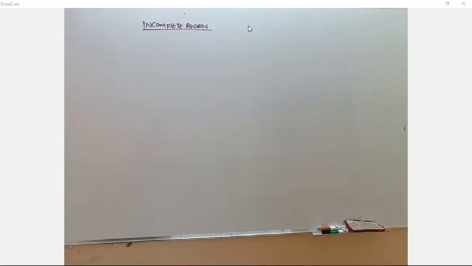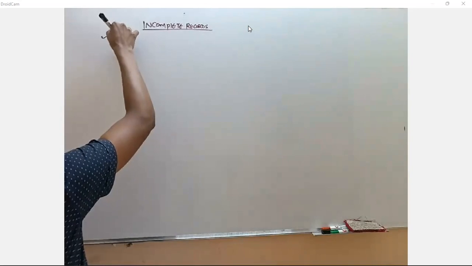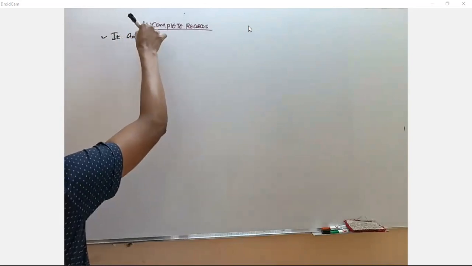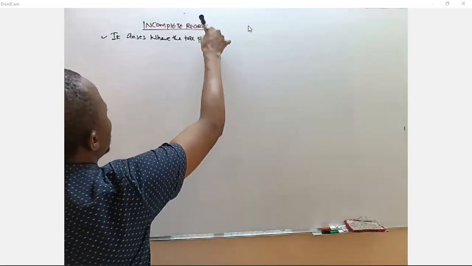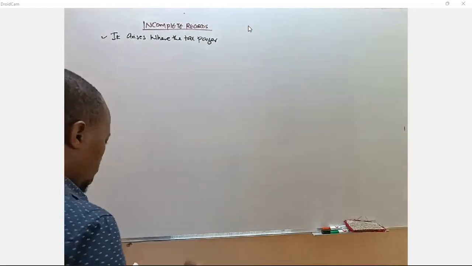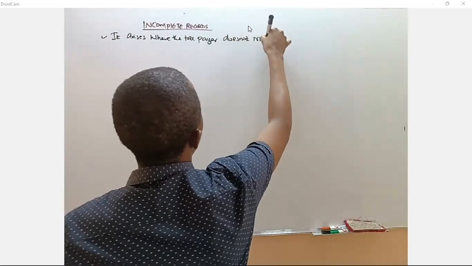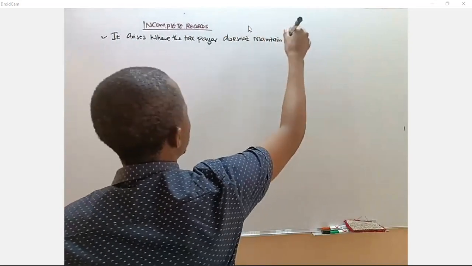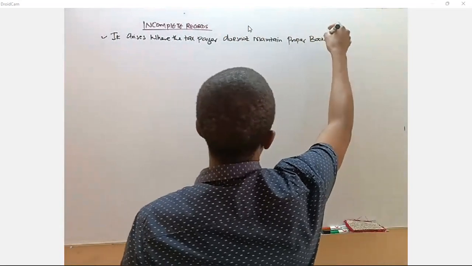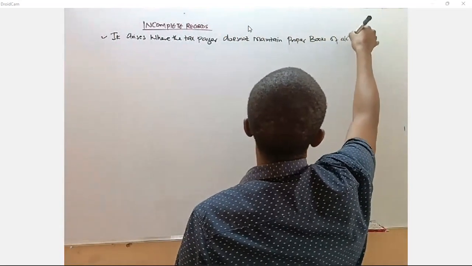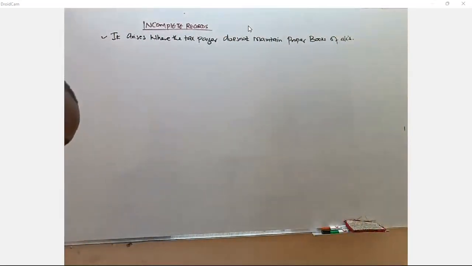So in this case, I can say incomplete record arises where the taxpayer does not maintain proper books of accounts.